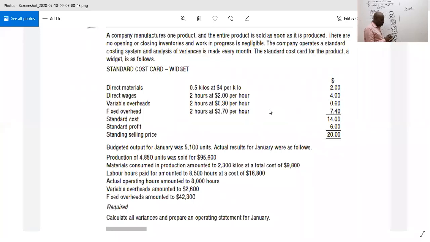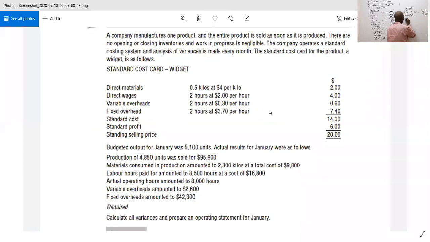In the actual information section, you are able to see the actual sales revenue. As you are seeing them, you're going to be writing them in your book there. The actual sales revenue, I'm able to see 95,600. And then I have material cost. As an accountant, I can see material cost there is 9,800.